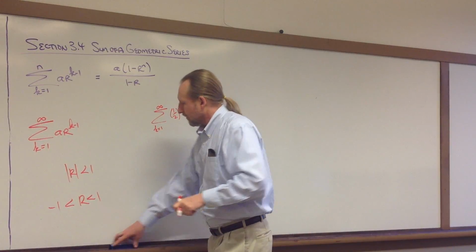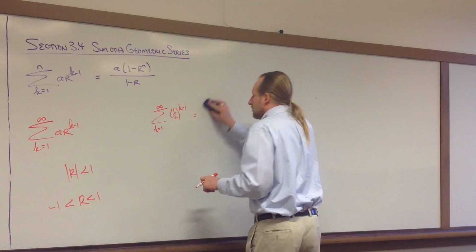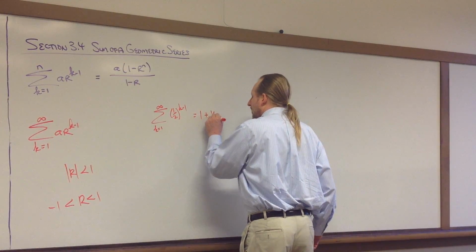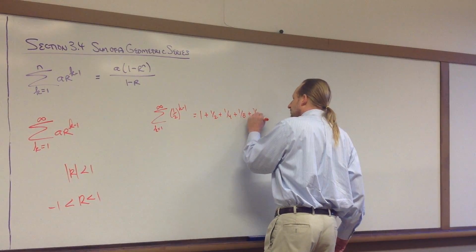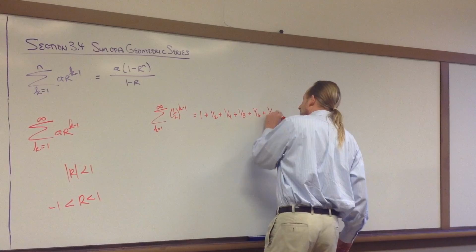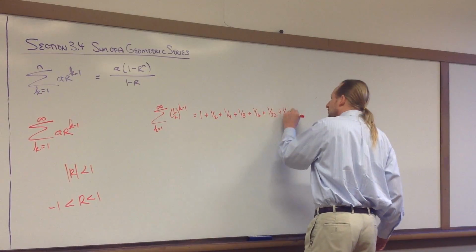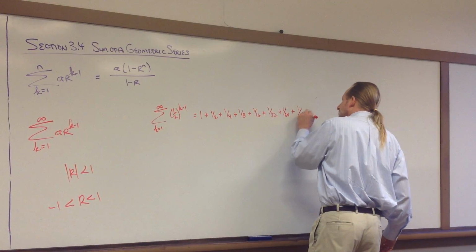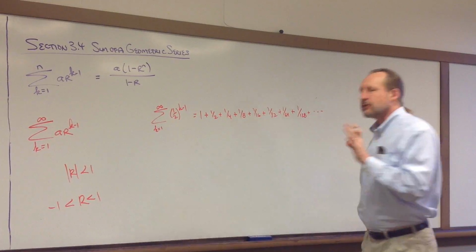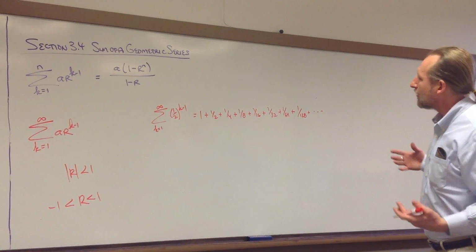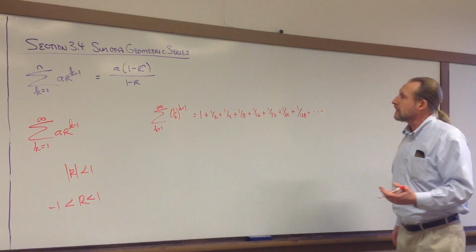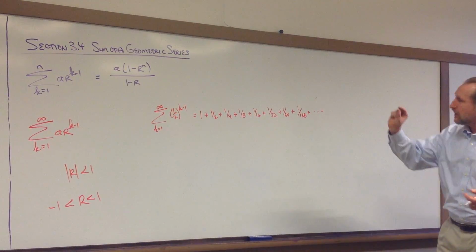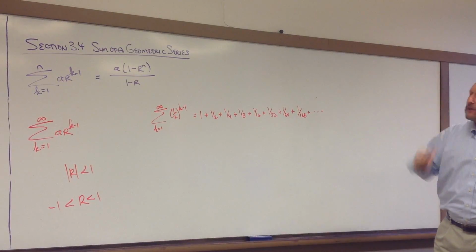So we'll start with 1, and then a half, a fourth, an eighth, a 16th. Now these things are getting smaller and smaller, tinier and tinier. So there's a good chance that we may come out with a finite answer for something like this, or at least an approximation that is very, very close to it.